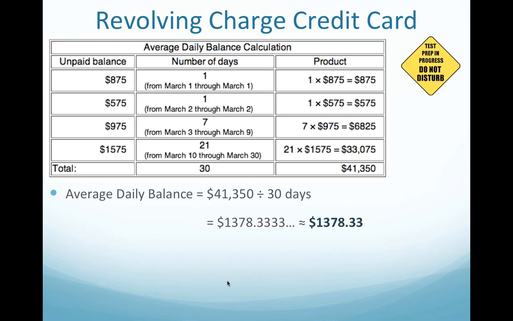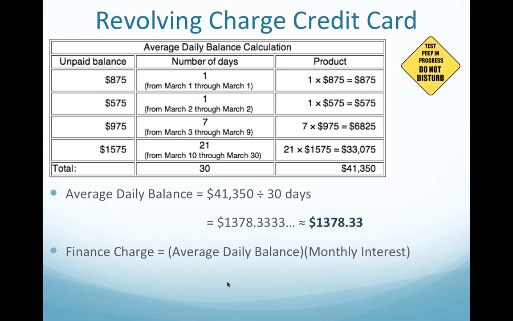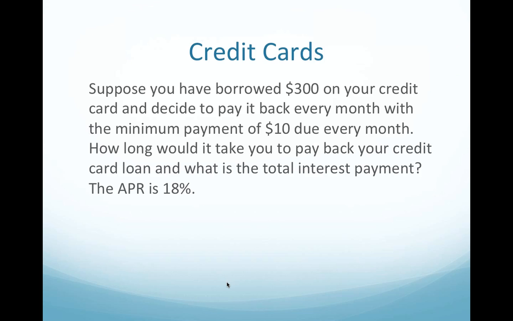Then we do our multiplication and divide that by 30. That gives us an average daily balance of $1,378.33. Then we multiply that by the monthly rate to get our finance charges, which gives us $13.78.